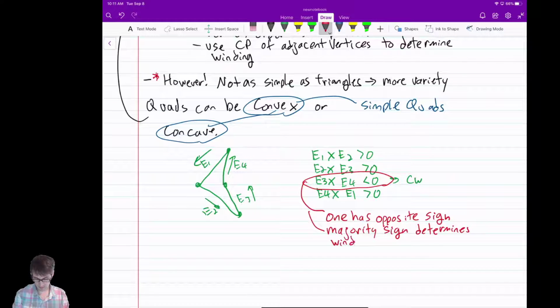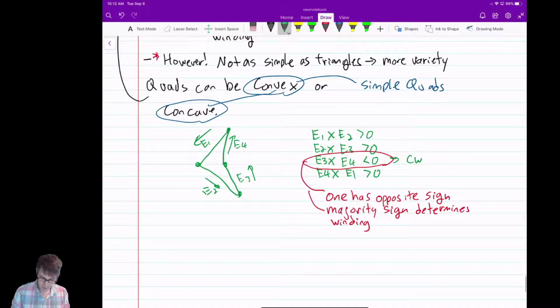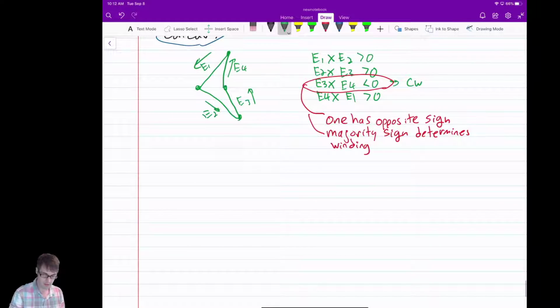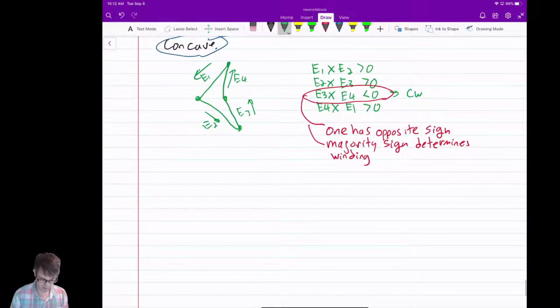So here, even though one goes clockwise, because the others go counterclockwise, we call it a counterclockwise quadrilateral. A concave one will have one cross product in the opposite direction, whereas you won't have that with a convex. It'll be like a triangle. They'll all give you the cross product with the same sign.